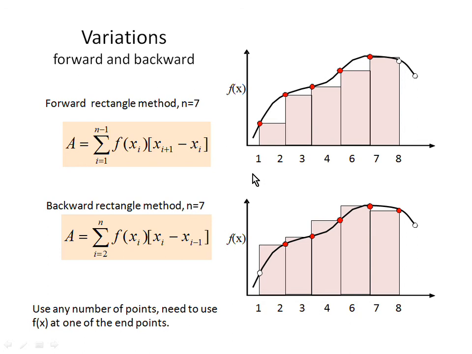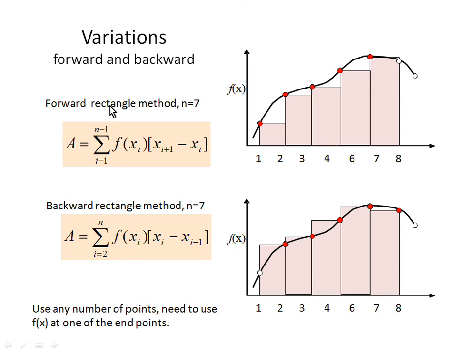A variation on the midpoint method that we just saw is the forward and backward rectangle method, and this uses the same shape of element, a rectangle, but it evaluates the function at all the points except for one.